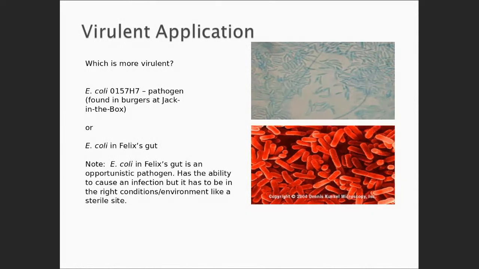So that particular organism is a true pathogen, and in 20% of the individuals who get exposed to it, it's going to cause hemolytic uremic syndrome, right? Which is a real serious infection. Hemolytic uremic syndrome.